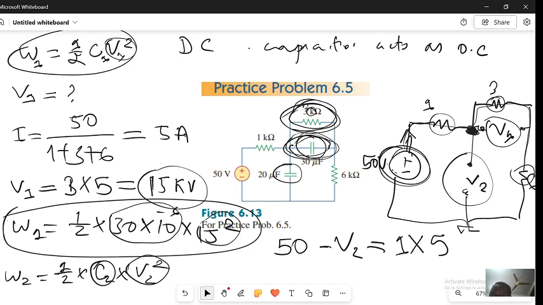So 50 minus V2 is going to be the voltage across what? This resistor is going to be equal, from Ohm's law, 1 multiplied by 5.